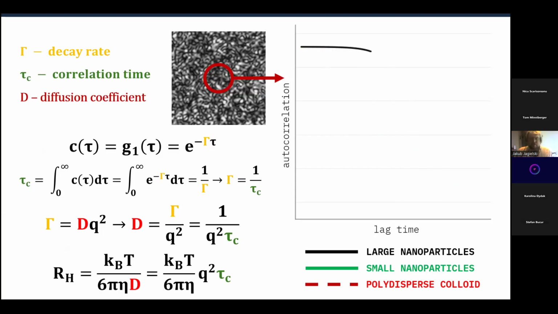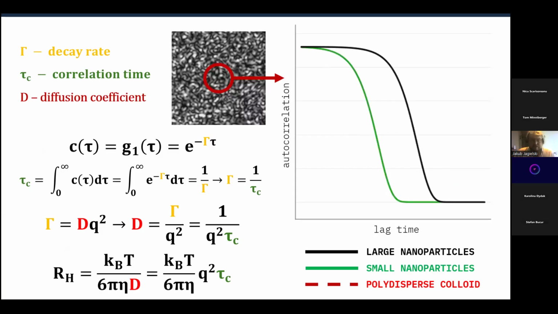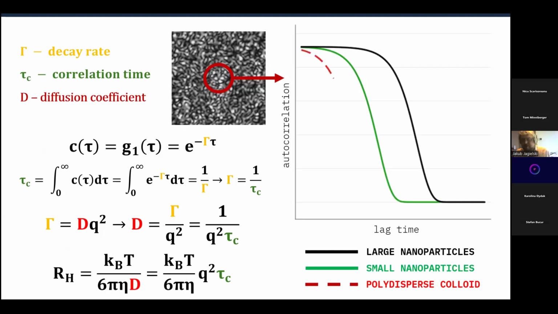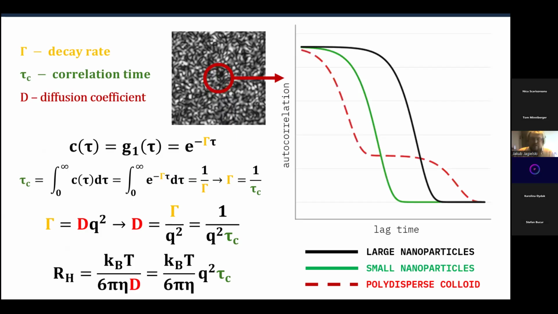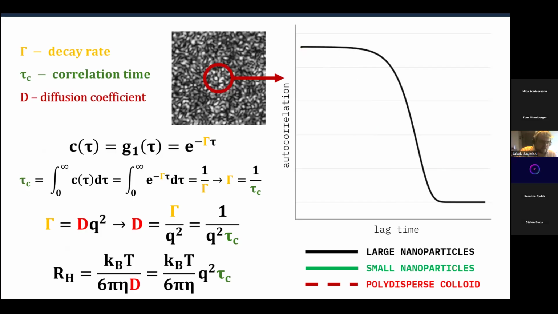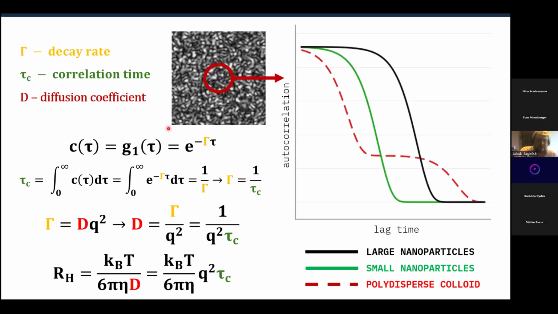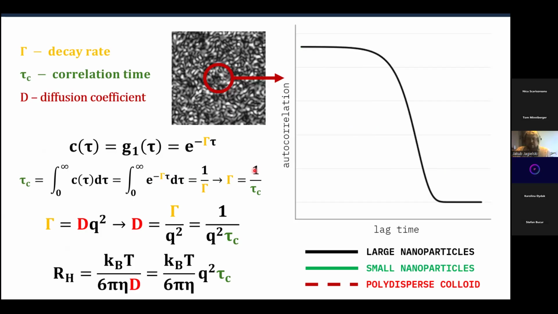For a monodispersed sample, which you can see in the plot as a black and green line, this decay follows a single exponential. Here you can see e to the power of minus gamma tau, where gamma is the decay rate.